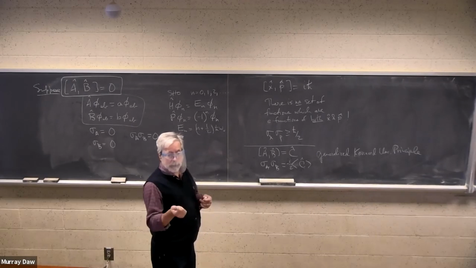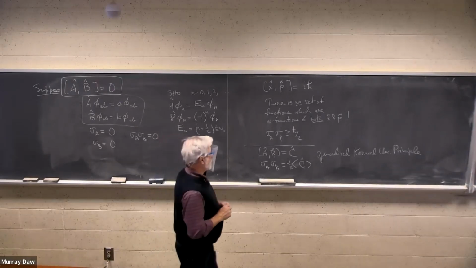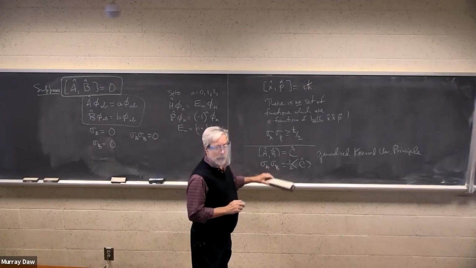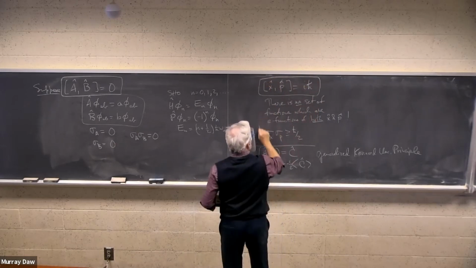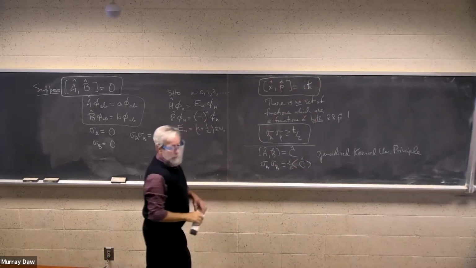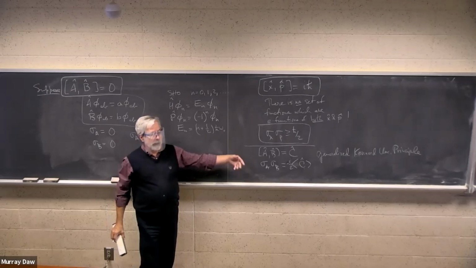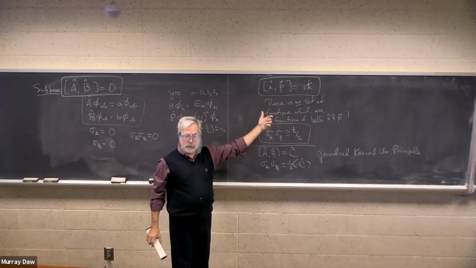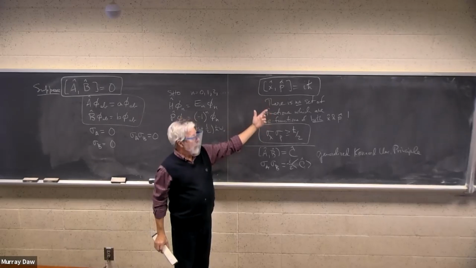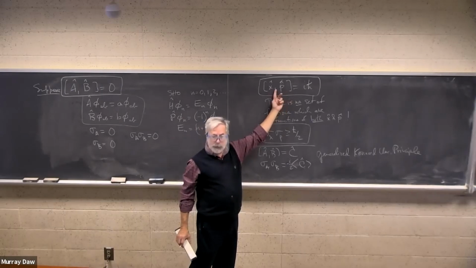Questions? So this is the one you should remember, but we're finding that there's a general kind of result. And again, it all depends on the algebra of the operators. It comes back to the mathematical structure of the commutation relation between the operators.